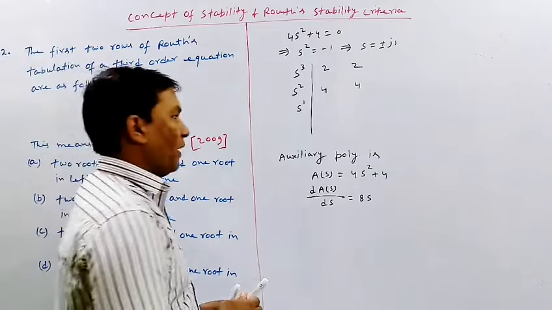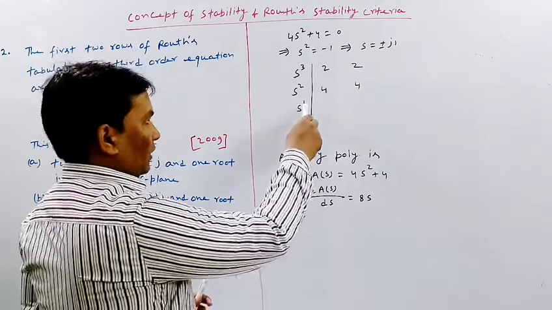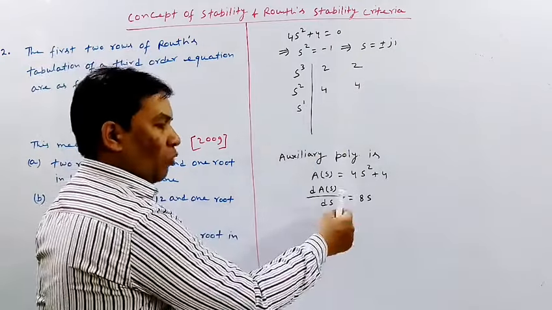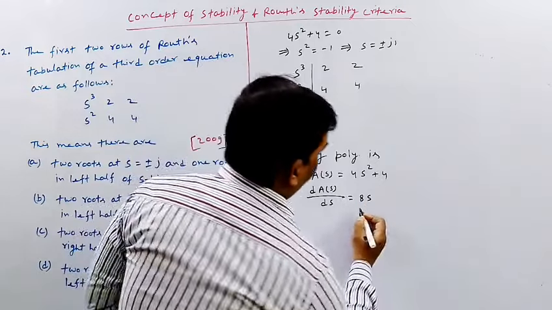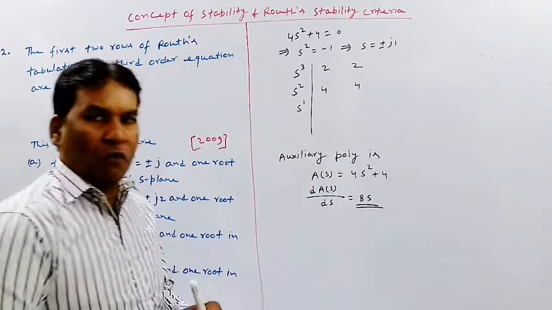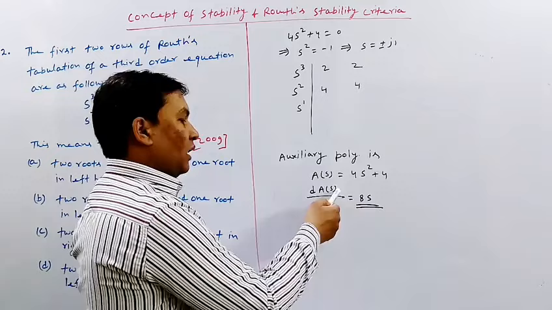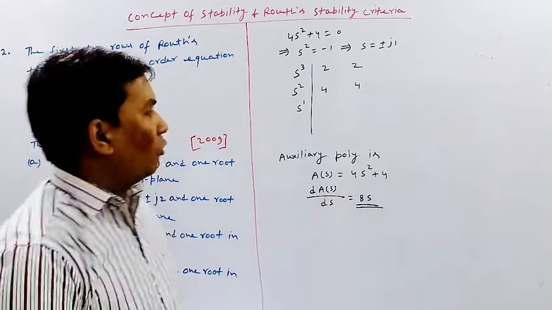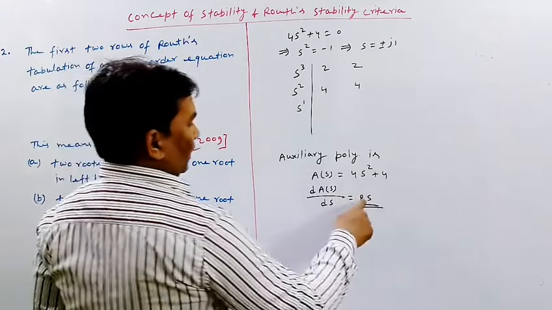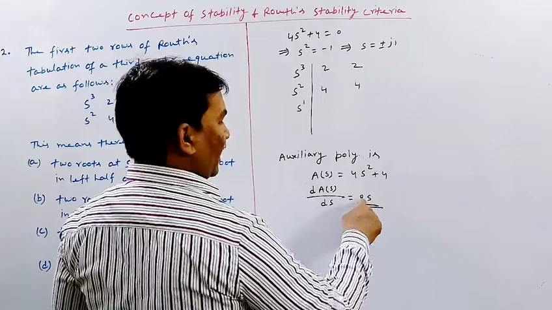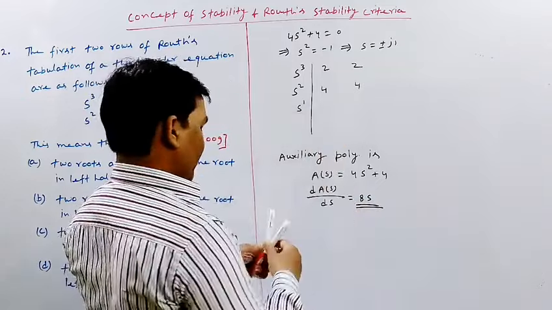So now we have to replace this row of zeros by the coefficients of this polynomial, that is the polynomial coming after differentiating the auxiliary polynomial. So now the coefficient of s is 8. So we have to write here 8.